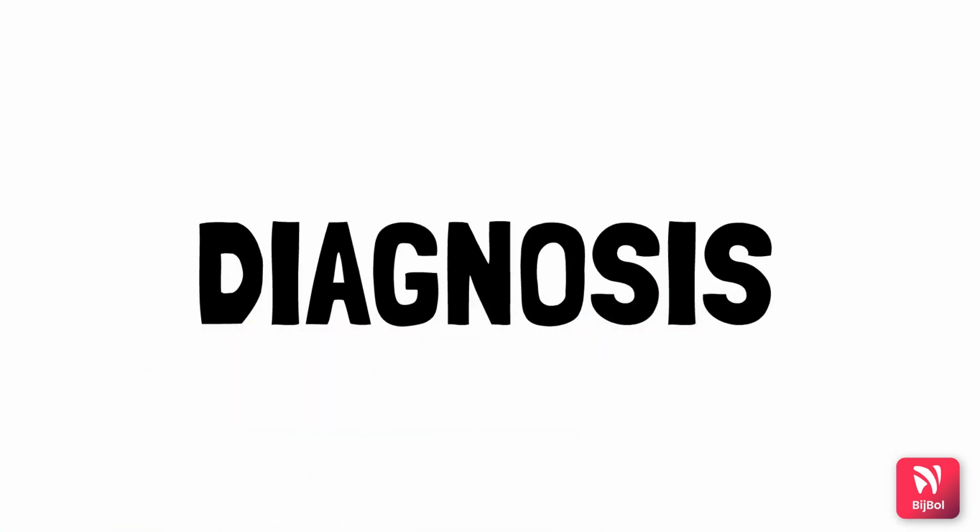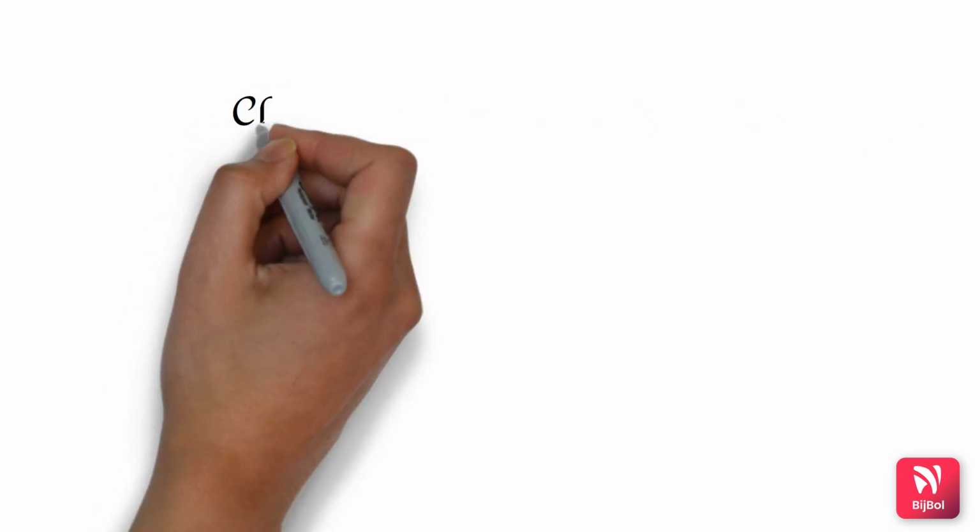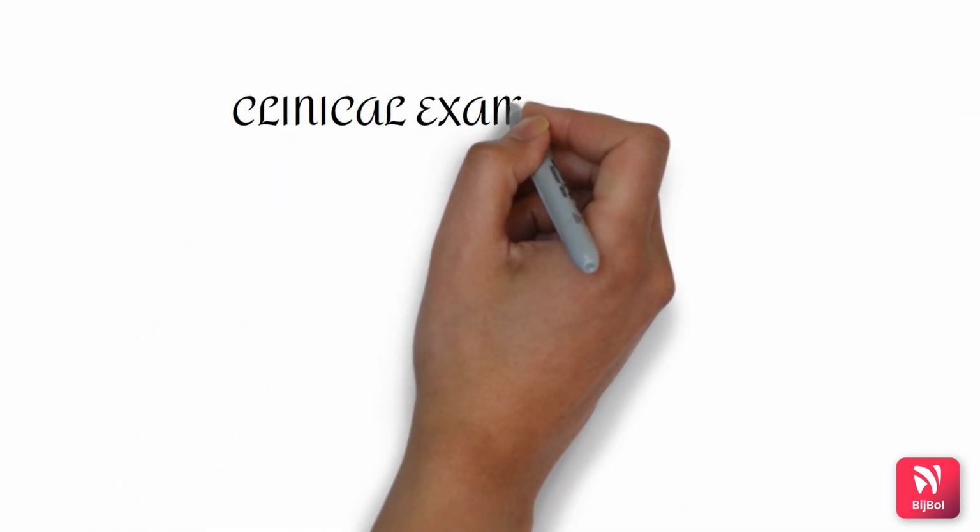Coming to the diagnosis. When the patient presents with symptoms of dentinal hypersensitivity, first we diagnose by taking the case history, and later on we can go for the clinical examination.